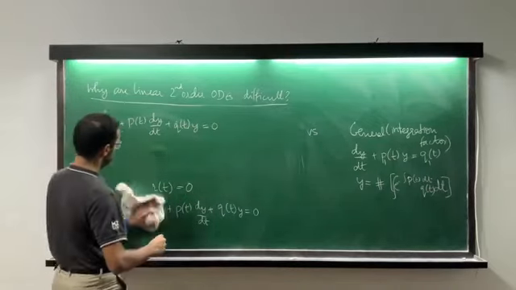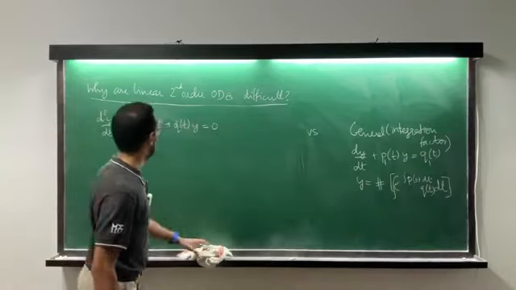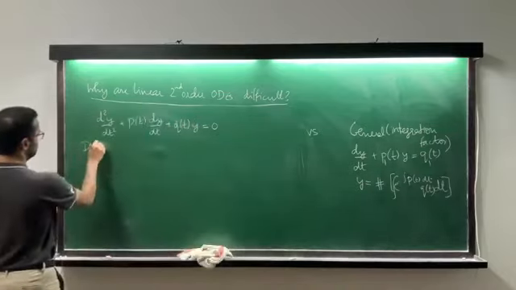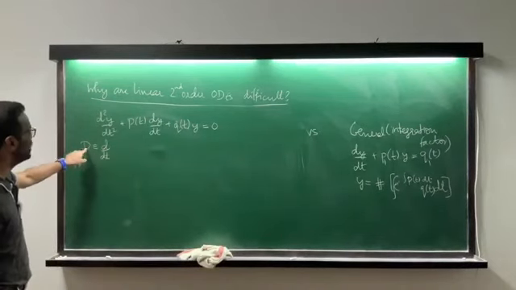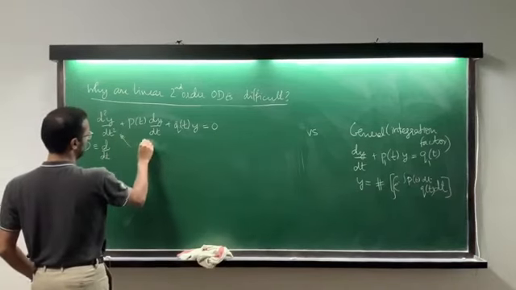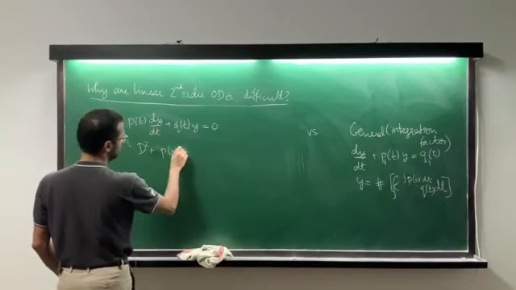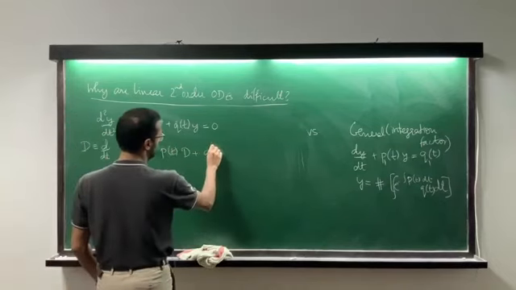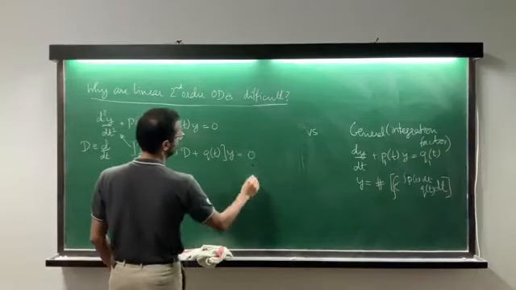If I take this equation and I try to factor it, what do I mean by that? Let me denote the derivative operator by D. Then this is D squared plus p of t D, let's make this explicit, plus q of t, times y is equal to 0.